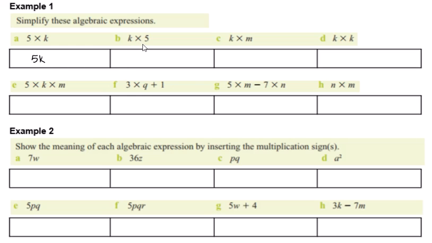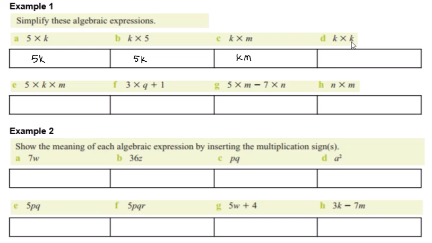So if you have k times 5, we need to do a switcheroo and make sure the number comes first. So 5k. K times m, well, we need to leave out the times sign, and the only thing you need to worry about is we just like to have it in alphabetical order, so we put the k before the m.